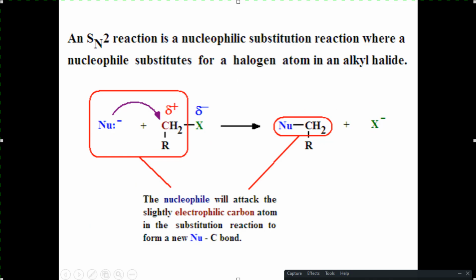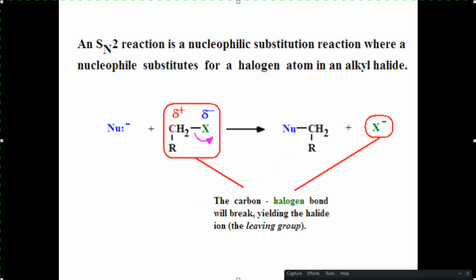So this just shows again that arrow, the idea that the nucleophile is going to take its pair of electrons to form the nucleophile carbon bond, and then the carbon halogen bond is going to break with the pair of electrons going towards the halogen. And so I'm going to form a nucleophile carbon bond and lose a carbon halogen bond.